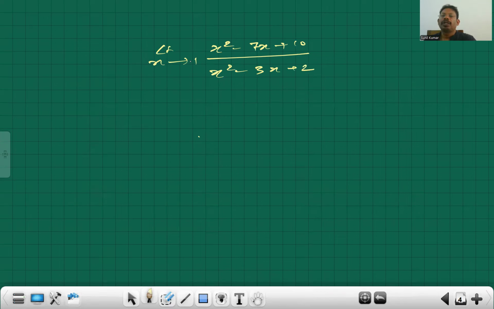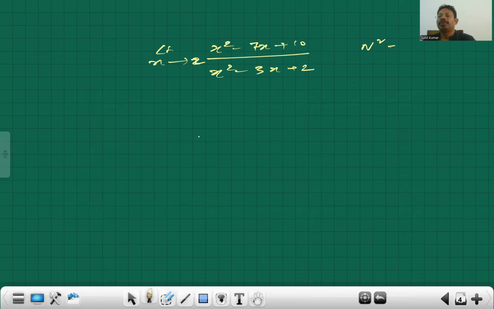You see here, let me write one example. Limit x approaching 2, x square minus 7x plus 10 divided by x square minus 3x plus 2. Now what is happening?